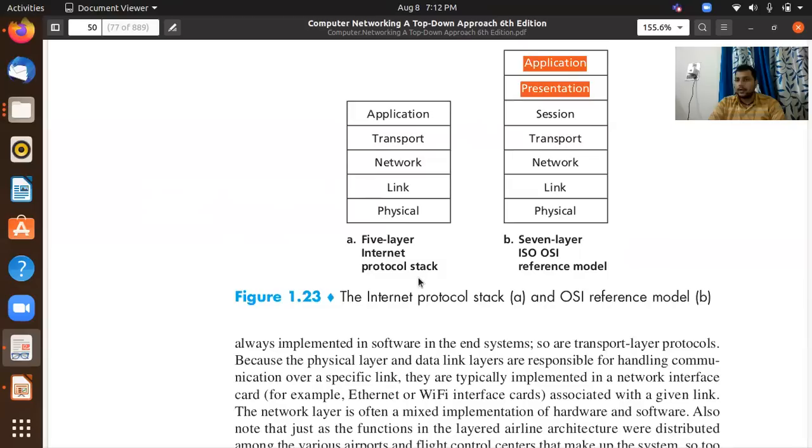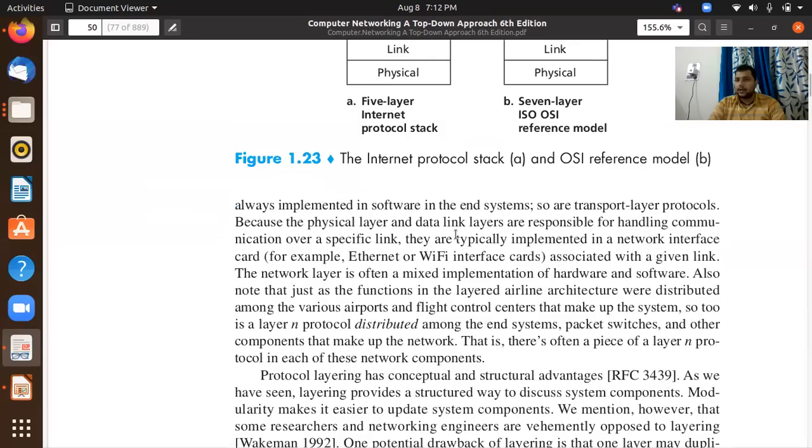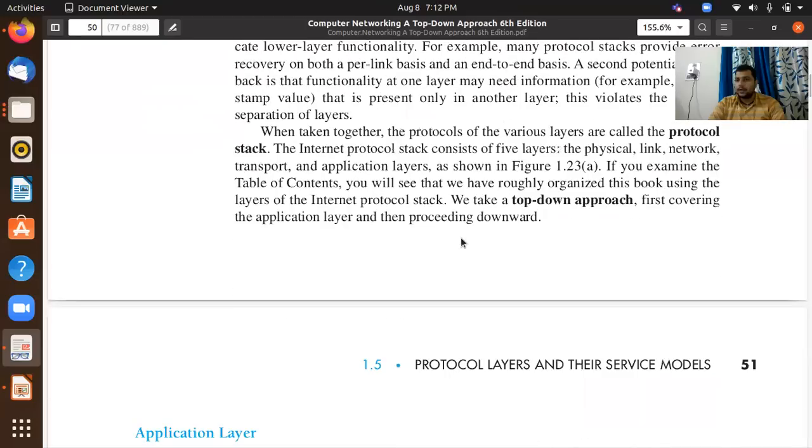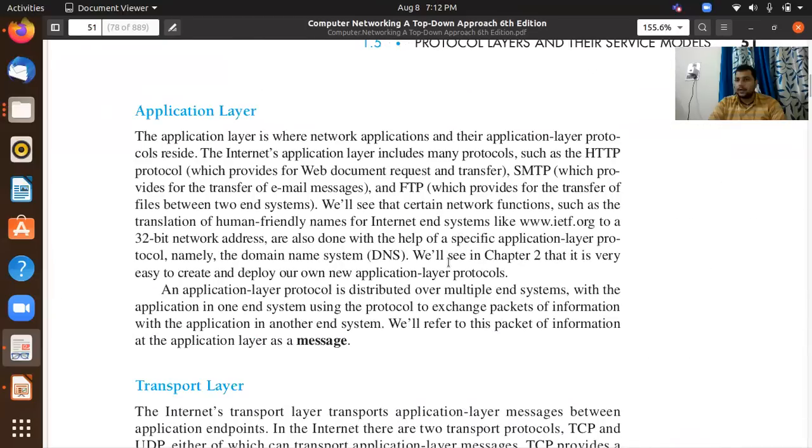Now we'll see the services in relation with the TCP/IP model. So what are all the services? At the application layer, once again I'm briefing you, I have already discussed all the 7 layers in one of my lectures. The application layer comes up with a protocol which allows us to access the network.